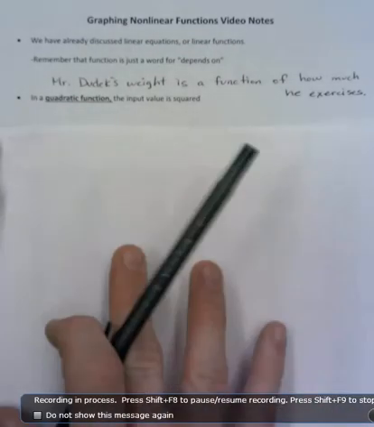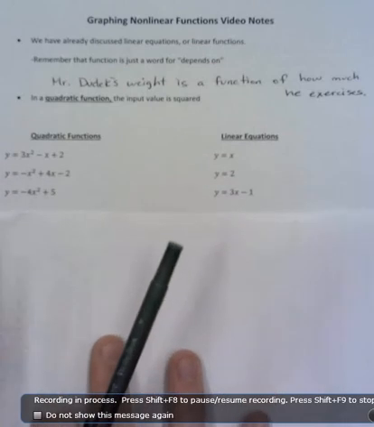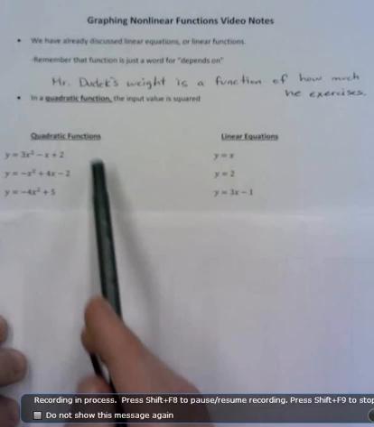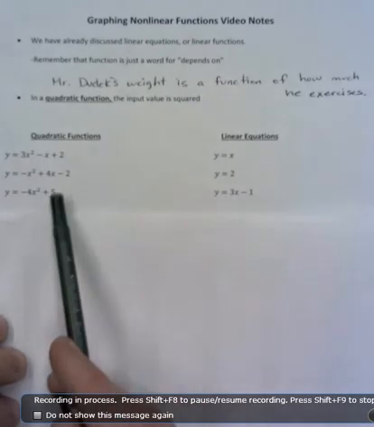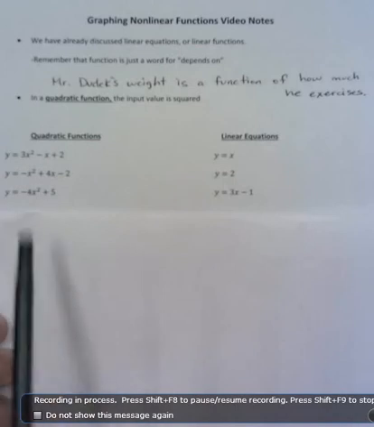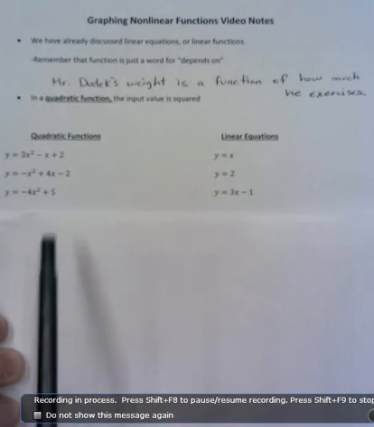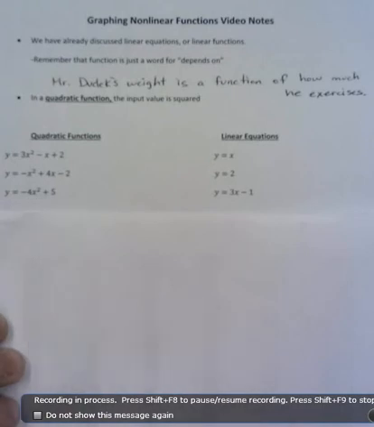So, for example, you've got on your notes there 2 columns. If you notice in your quadratic functions over here on the left, in all 3 quadratic functions, you've got a squared value. Okay? Your input value, the x, is squared in all 3 of those.